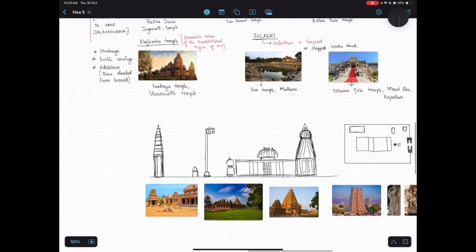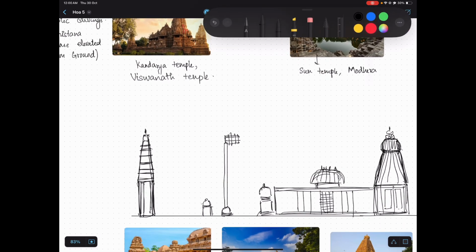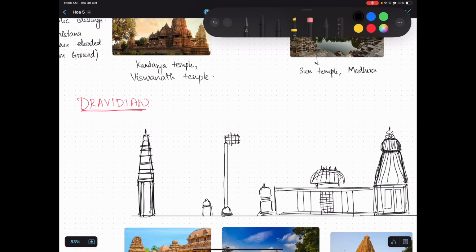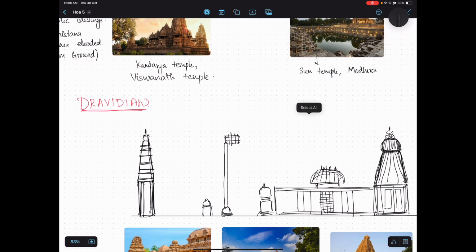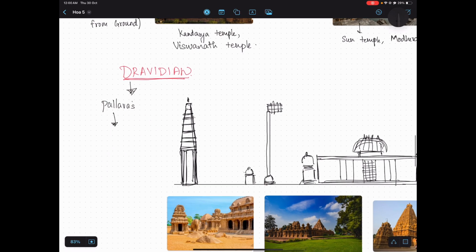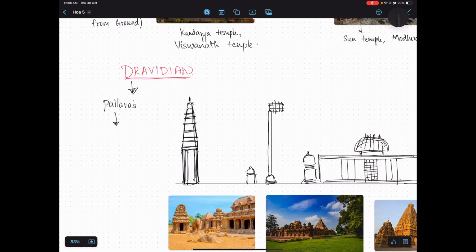Now we can move on to Dravidian. So Dravidian temple architecture, you can say that it was initially started by the Pallavas, and then a lot of work is done by the Cholas.